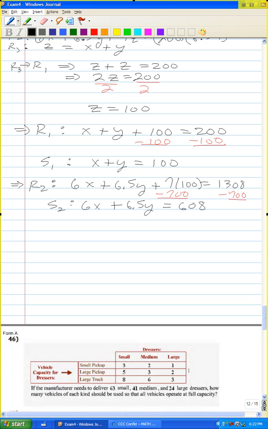Call that S2. So what do I subtract from it? 6S1 is 6X plus 6Y equals 600. Subtract that, and so I get 0.5Y equals 8. Divide both sides of my equation by 0.5.